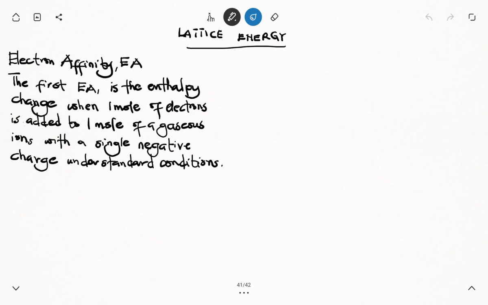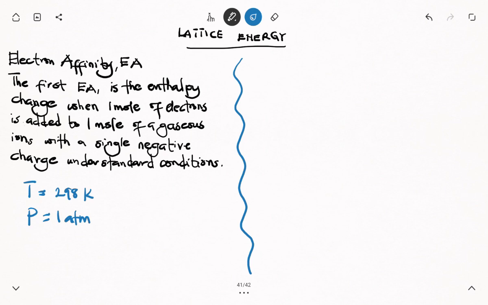Again, your standard conditions, you should always remember them. That temperature is 298 Kelvin and pressure is 1 atm, okay? Now, chlorine is one of such atoms that would love to accept an electron to form chloride in order to have a noble gas configuration. So if you take chlorine in a gaseous state, we need to add 1 electron to it.